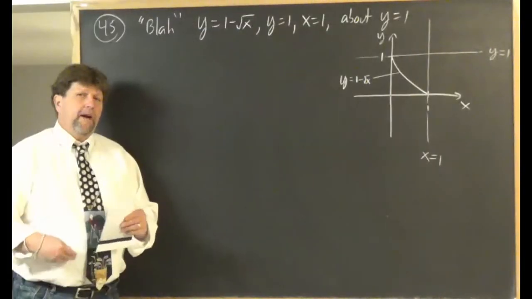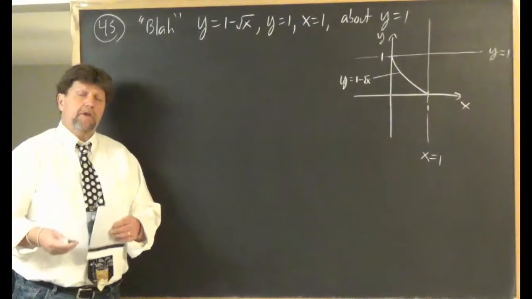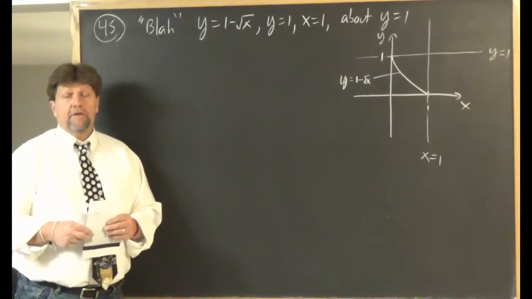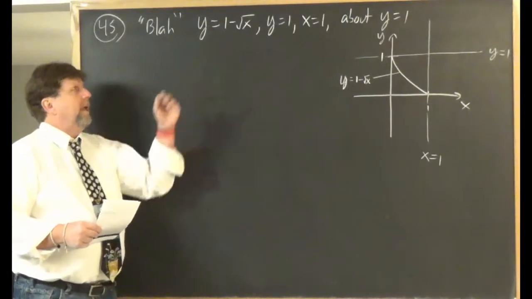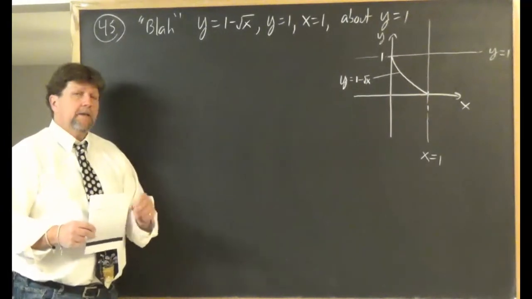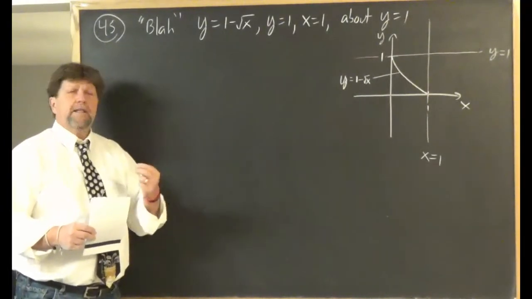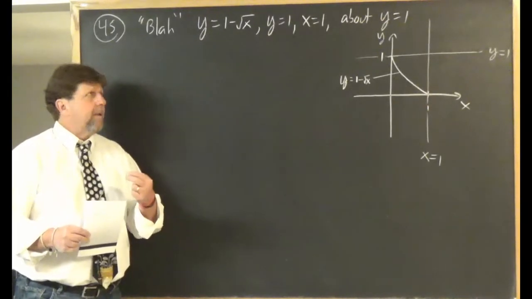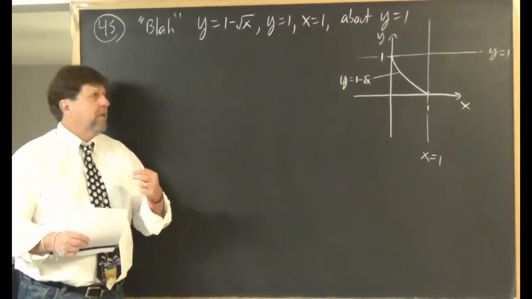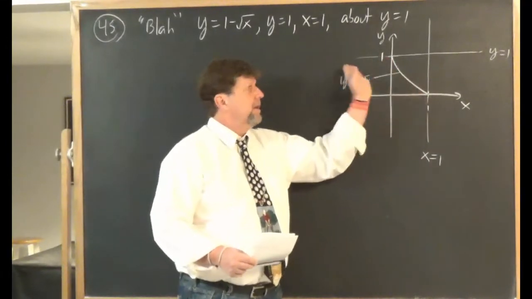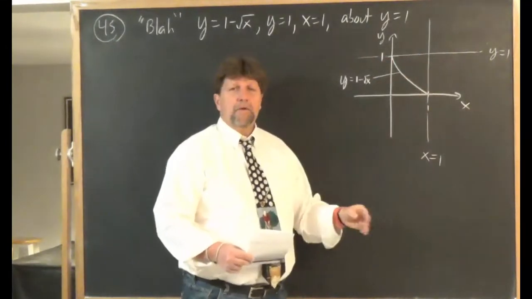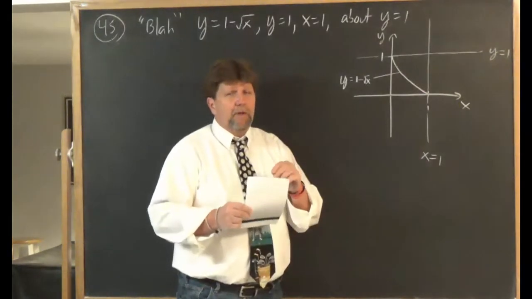All right, number 45. The region that you're supposed to find the volume of the solid of revolution for was described as being bounded by y equals 1 minus square root x, y equals 1 and x equals 1, and we're going to revolve that about the line y equals 1. So I've sketched in 1 minus square root x, y equals 1 and x equals 1. And now I need to determine what the region is.